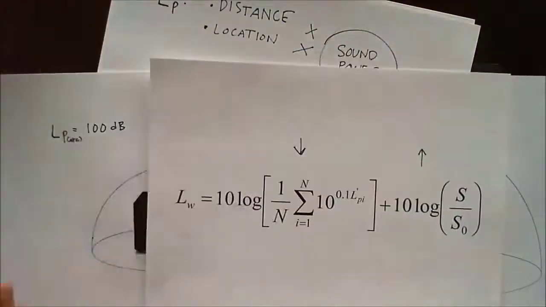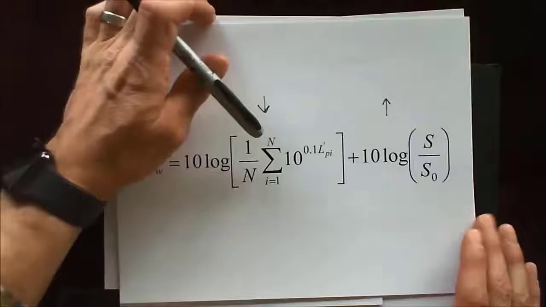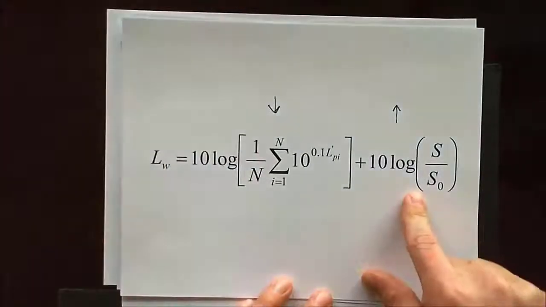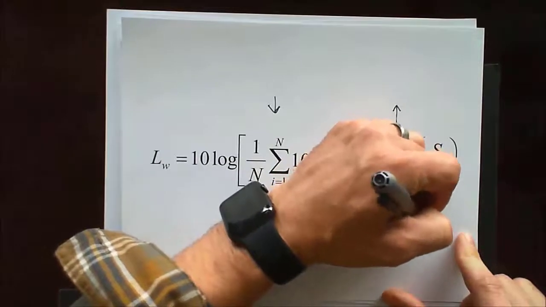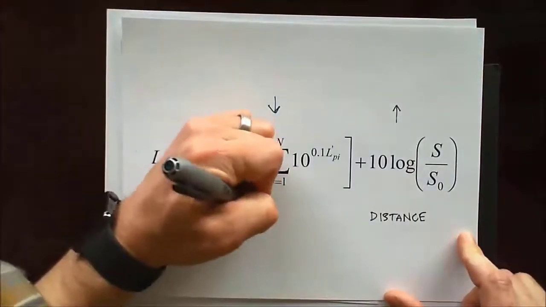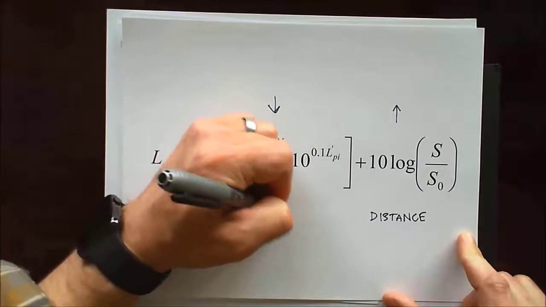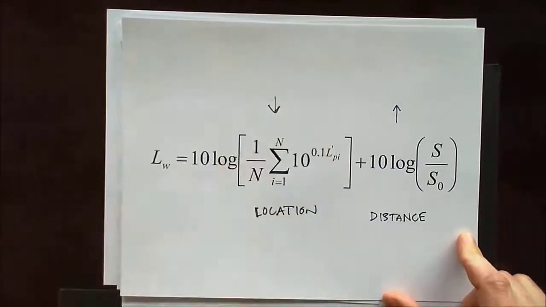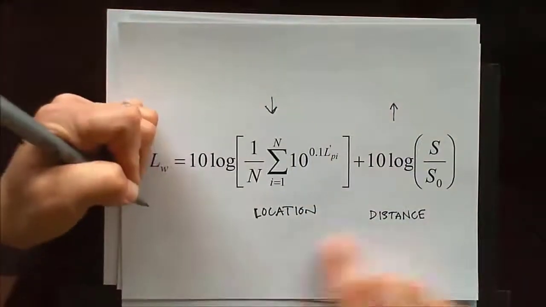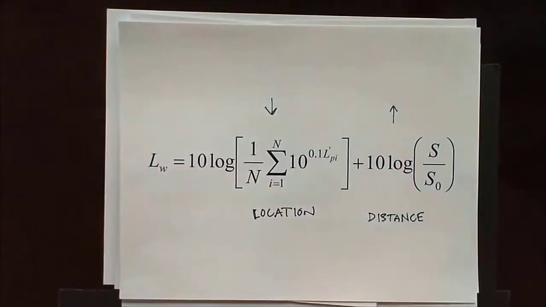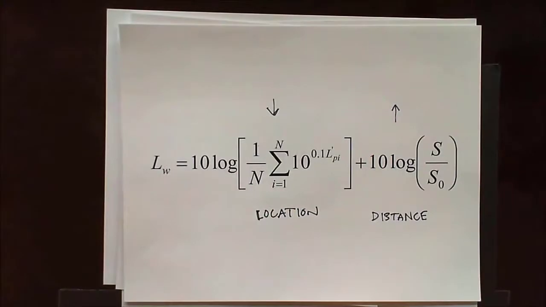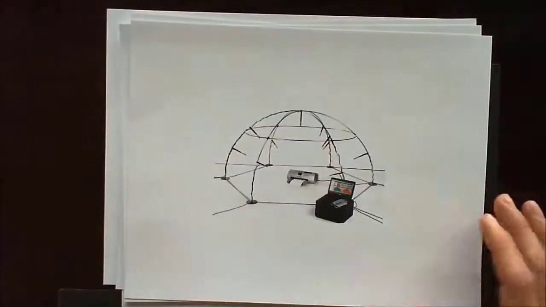So this is how we take into account the different distances of our measurement, and this is the location difference. Okay? So sound power is a function of both of these being corrected for in real time based on our measurement geometry and the envelope around which we place our microphones.